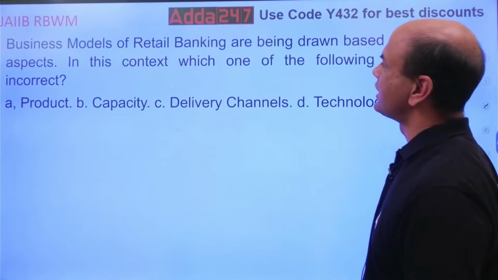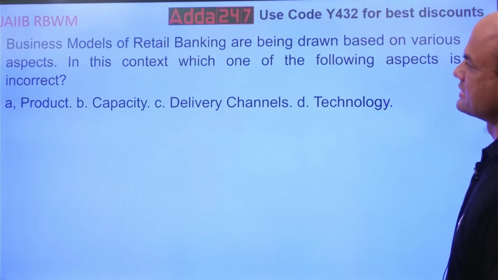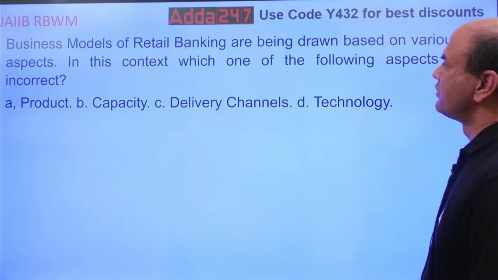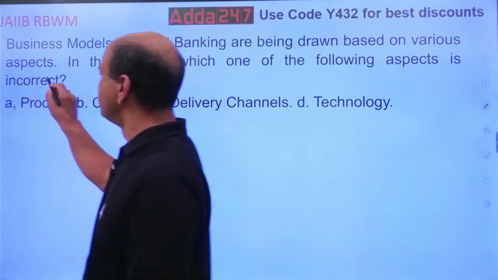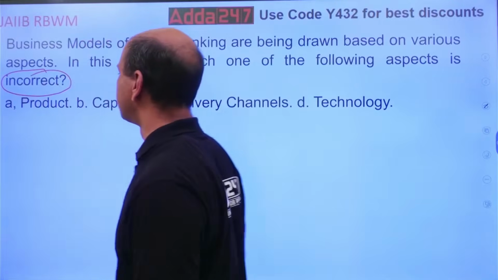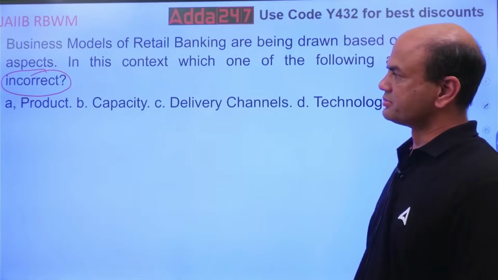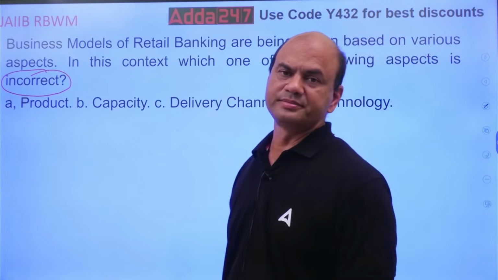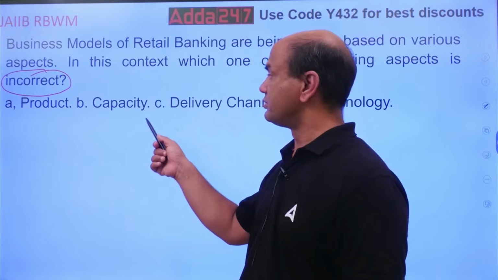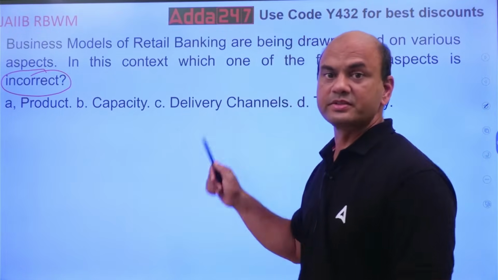Business models of retail banking are being drawn based on various aspects. In this context, which of the following aspects is incorrect? Product, capacity, delivery channels, technology. A similar question we have taken earlier, but the options are different.